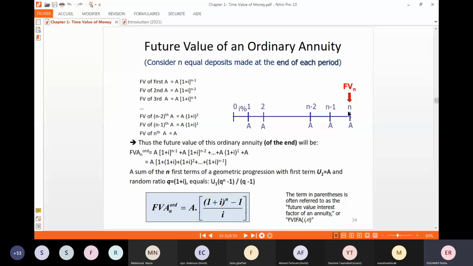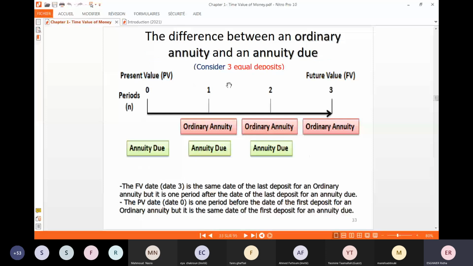Or for example, from 1 to the date 3, what will be the future value of the first amount? It will be A times (1 plus i) power 3 minus 1, which is 2 years. We have from 1 to 3, 2 years of interest. So from 1 to n, we have n minus 1 years of interest.